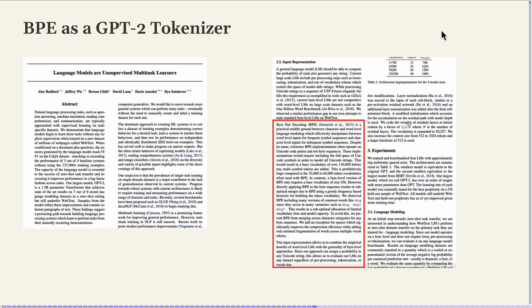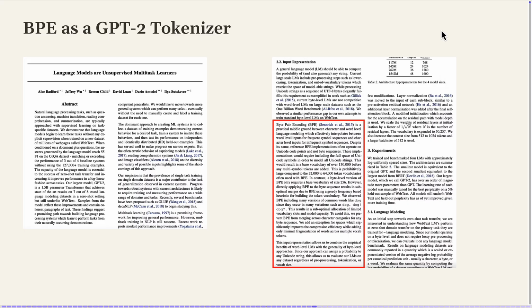And despite its name, reference BPE implementations often operate on Unicode code points and not on byte sequences. What they say here actually applies to SentencePiece, which was proposed by Google, which we are going to introduce. And it operates on Unicode points and not on byte level.